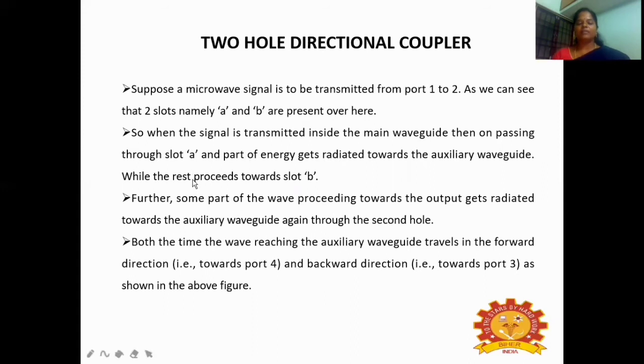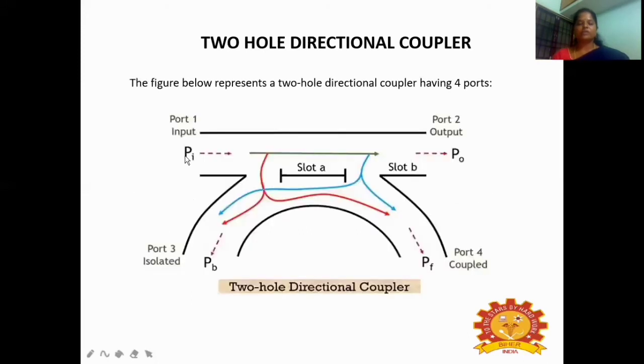Then the remaining portion of the energy proceeds towards slot B. So when we apply the input signal here, a part will enter the auxiliary waveguide or auxiliary arm, and the remaining will proceed to the output port 2.